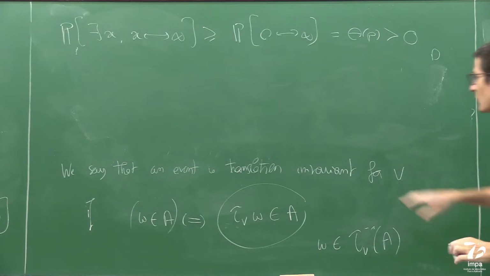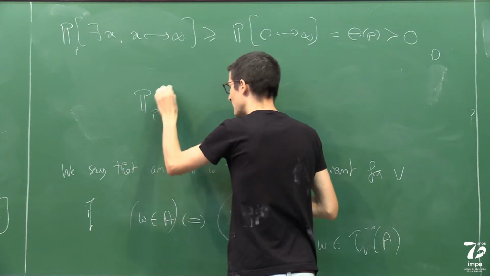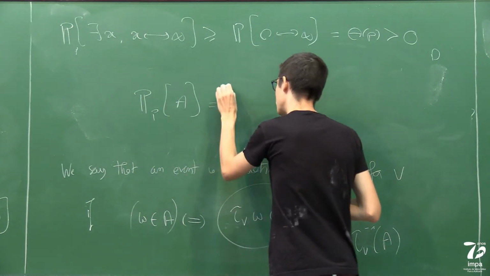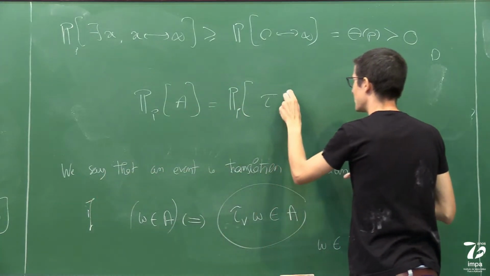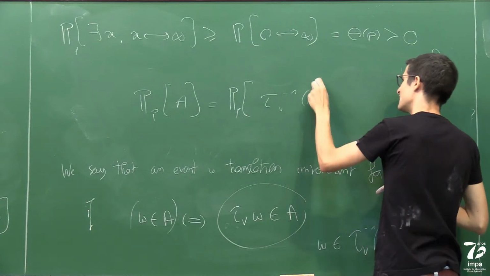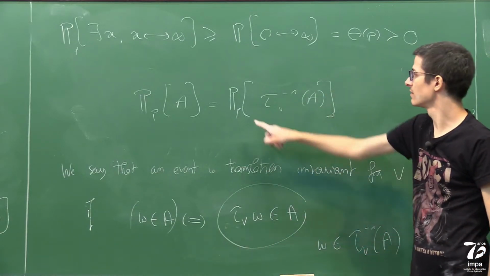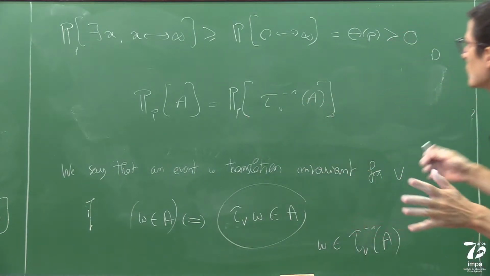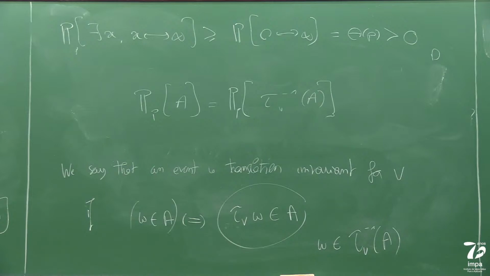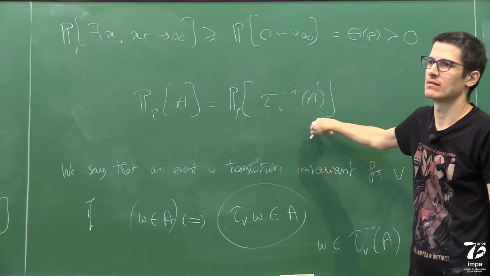Everything is true, but what I'm using here, without saying it, but now I'm saying it, is that this is true for any v and any A. So this statement would be that my probability distribution is translation invariant. And I'm going to show you how to prove this in a second.